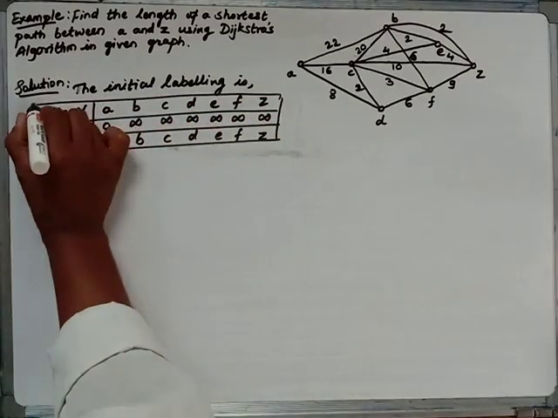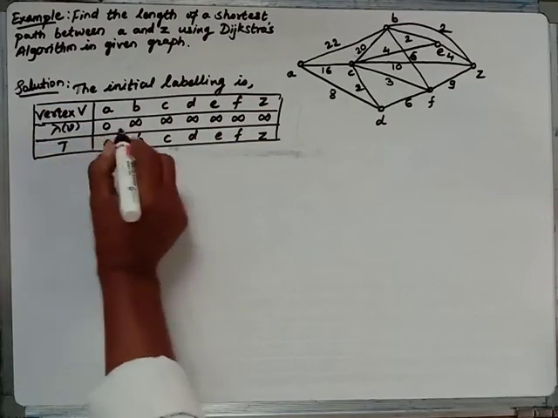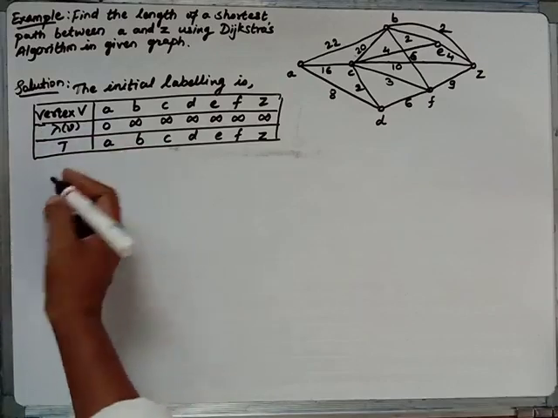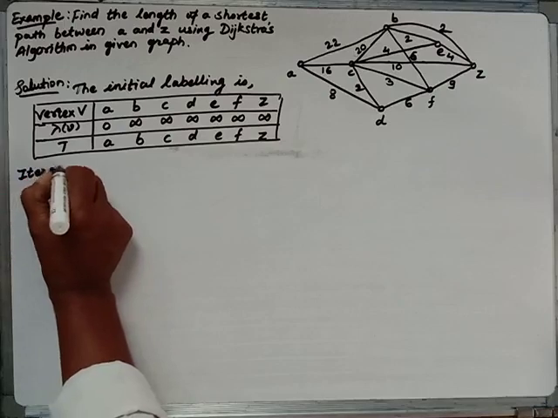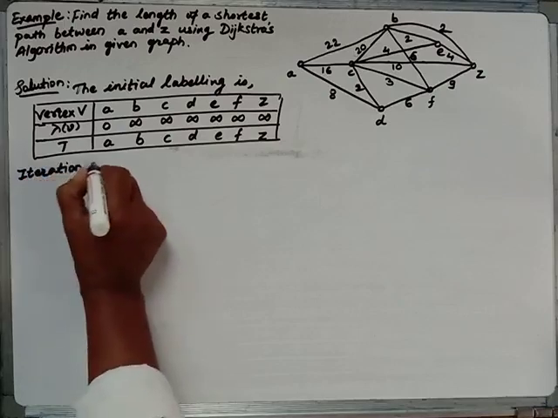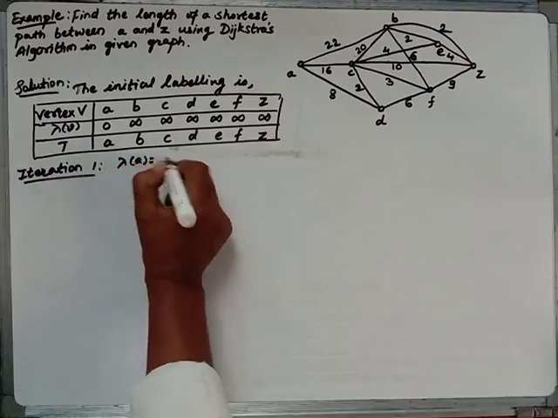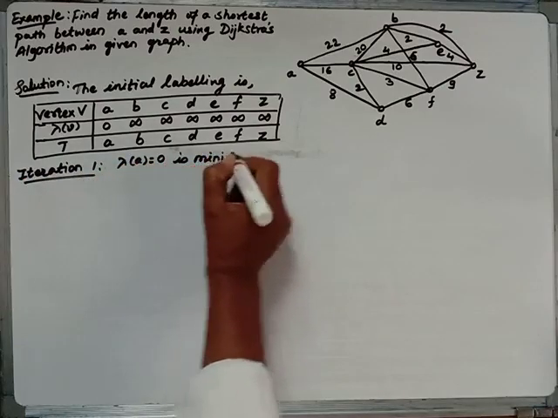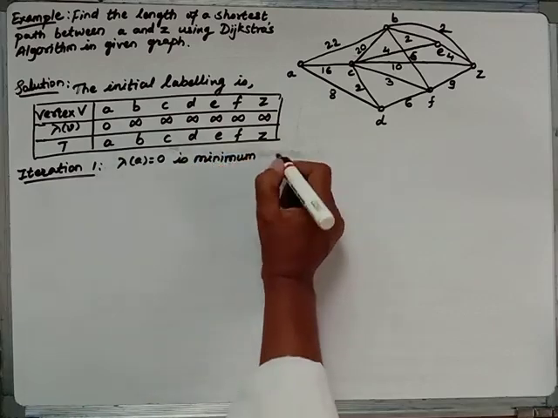Okay. Now, what is the minimum initially? It is A. Lambda of A is 0. So iteration 1. Lambda of A equal to 0 is minimum.